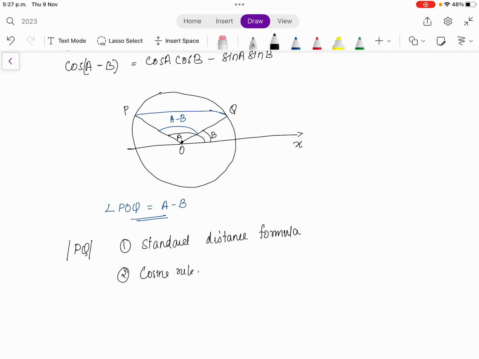Before we use the distance formula, you need to find the coordinates.